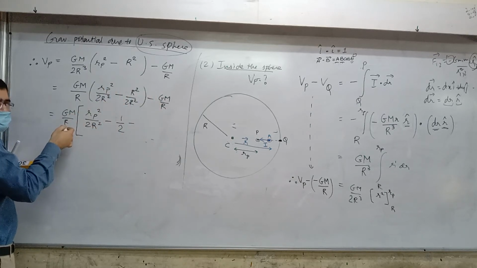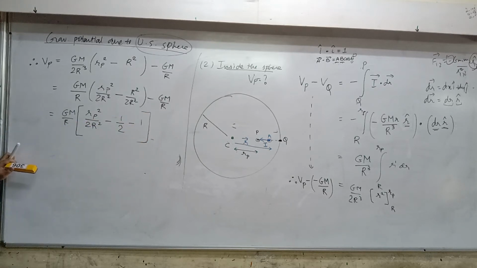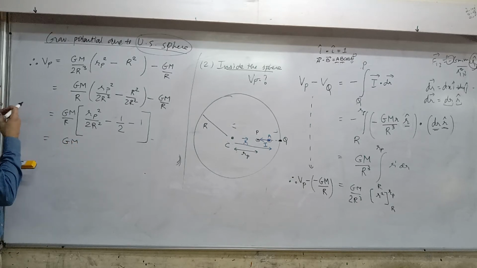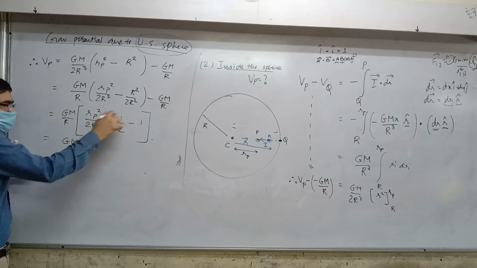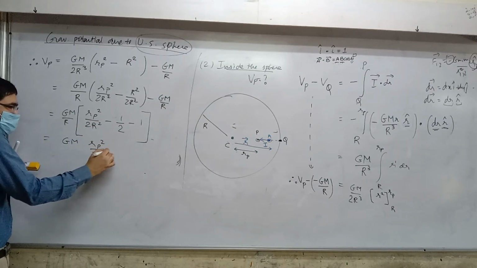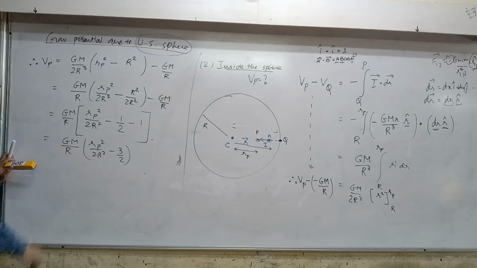GM by R is common. Understood? So ultimately, we are going to get here RP square by 2R square minus 3 by 2, all upon R.